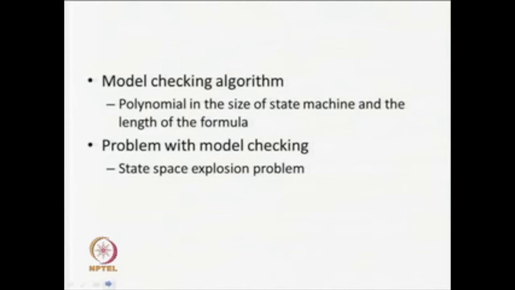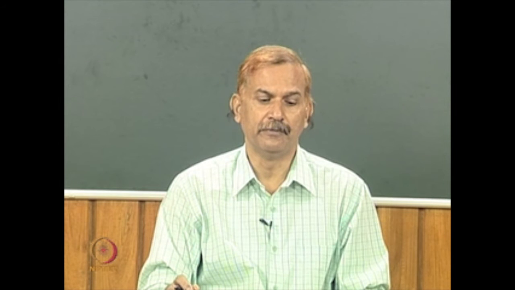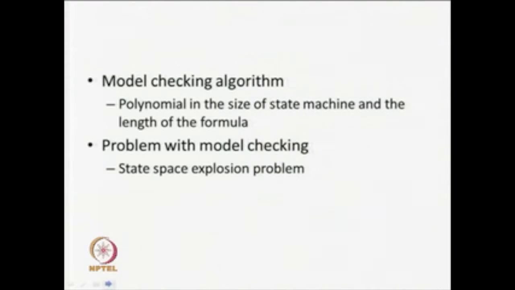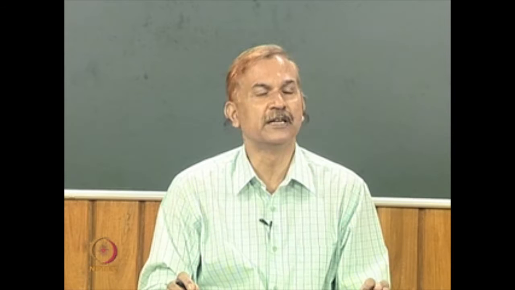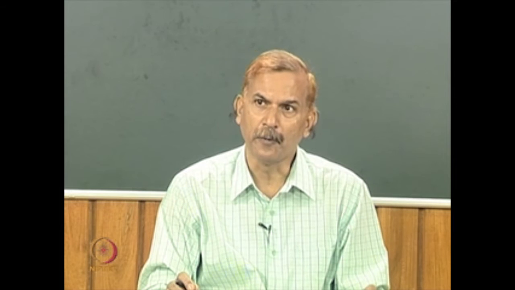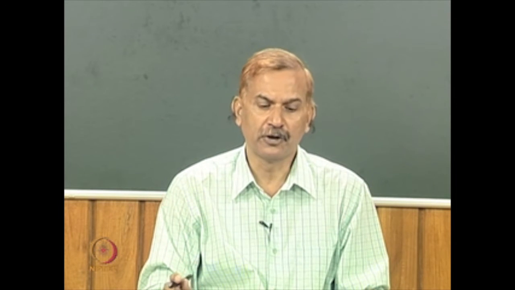But we have one more problem with this model checking algorithm. This is known as the state space explosion problem. What is this state space explosion problem? Suppose we are working with a system having n control variables, or n control signals, which can be treated as our atomic propositions. The number of different combinations will be 2 to the power n.